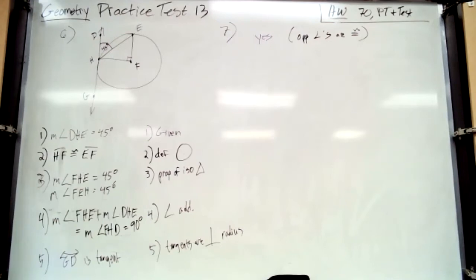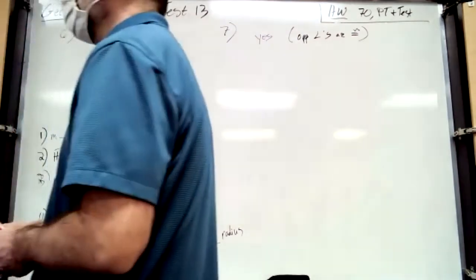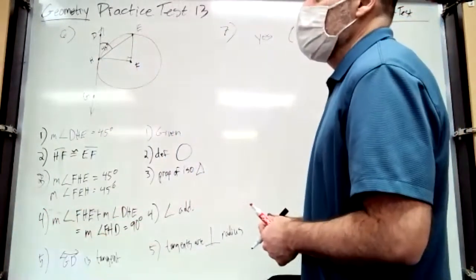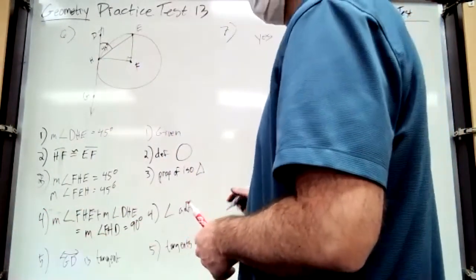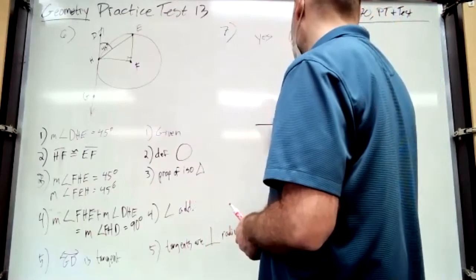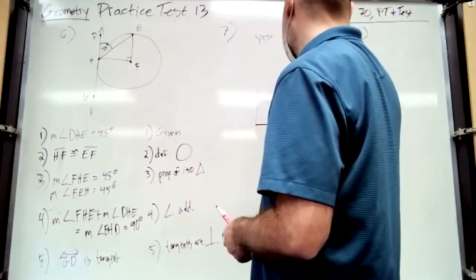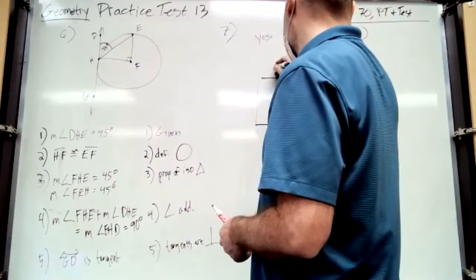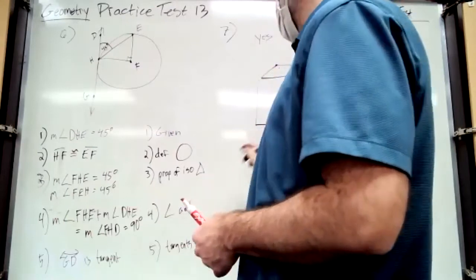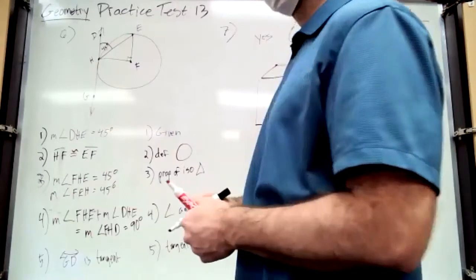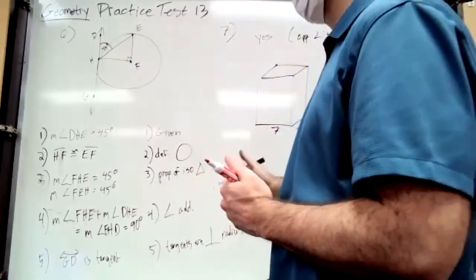Number 8, find the volume of a right prism if the base is a 3 feet by 7 feet rectangle and the height is 4 feet.